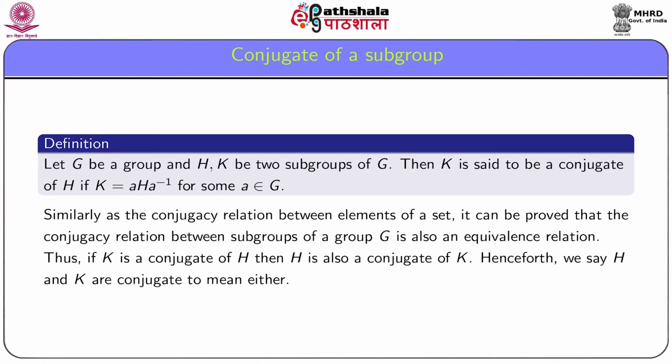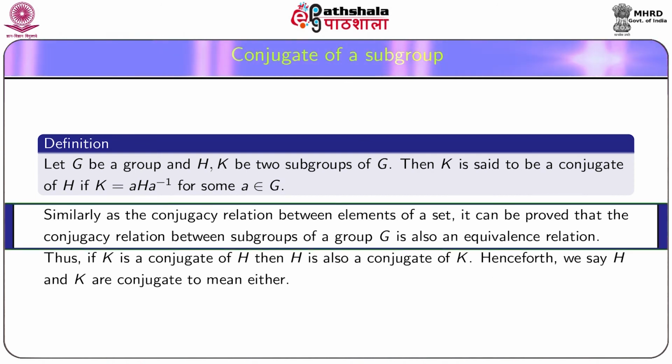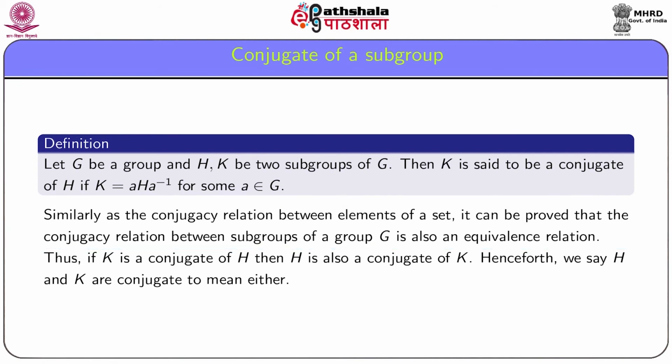Let G be a group and H, K be two subgroups of G. Then K is said to be a conjugate of H if K is equal to aHa inverse for some a in G. Similarly to the conjugacy relation between elements of a set, it can be proved that the conjugacy relation between subgroups of a group G is also an equivalence relation.